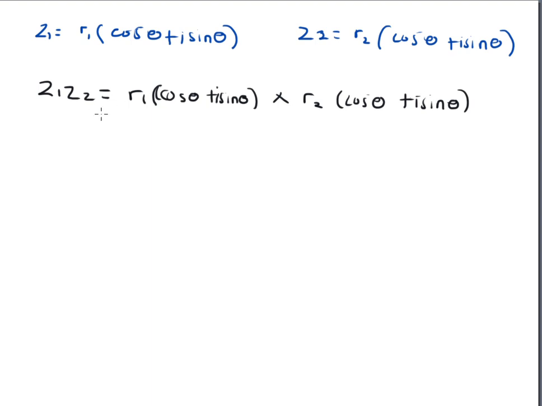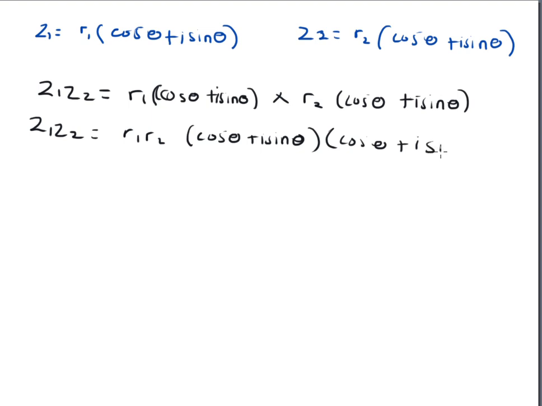Now we are coming to do some basic trick over here, but first, let's factorize our R. So Z1 Z2 is equal to R1 R2 multiplying the angles cos theta plus i sin theta, and again cos theta plus i sin theta. So cross multiplying, we get Z1 Z2 is equal to R1 R2, and cos multiplies cos.